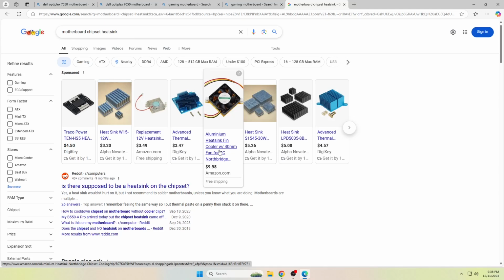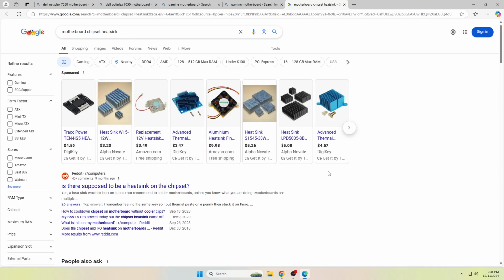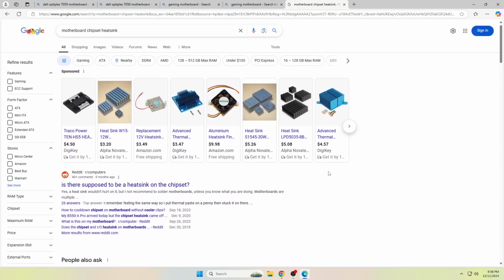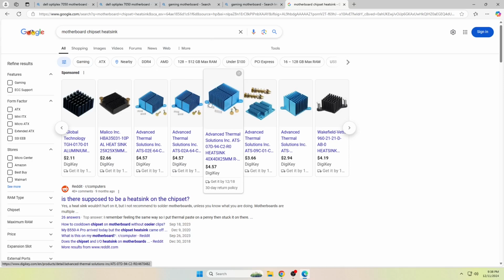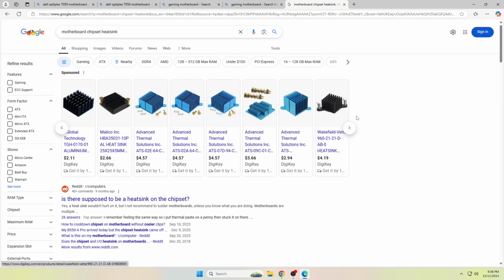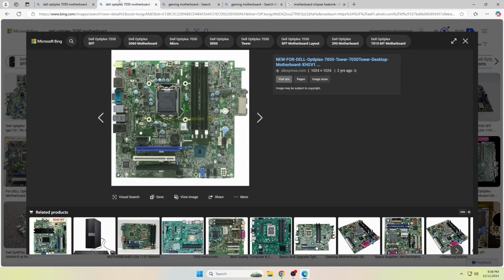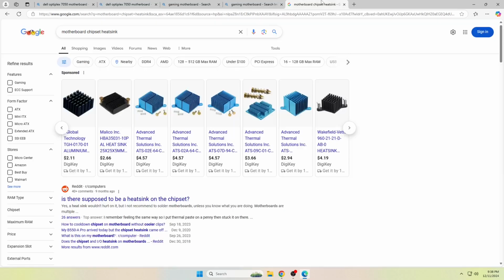The issue, though, would be how to attach it. Most of these have little feet that stick off, and you're supposed to screw them in. That's not going to work with our motherboard. Trying to drill a hole through this to mount something is not going to work.